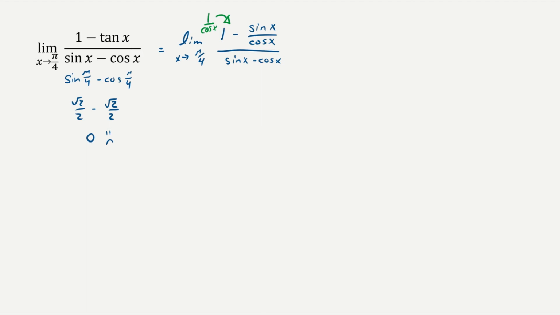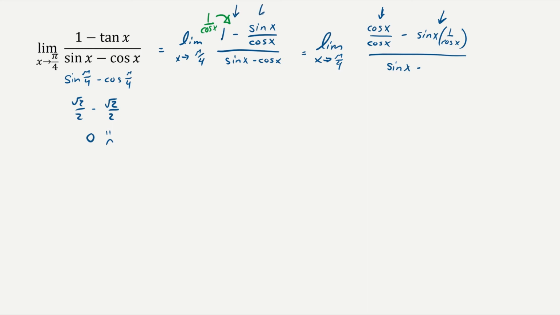Let me rewrite the limit one more time to see how we can do that and what that's going to look like. The limit as x approaches pi over 4. What's another way to write 1? Well, if I really want to, I can say it's cosine x divided by cosine x. Minus, I can write this as sine x times 1 over cosine x. When I write it this way, I think you can agree with me that both of these top terms are equivalent to the top terms in our first limit.